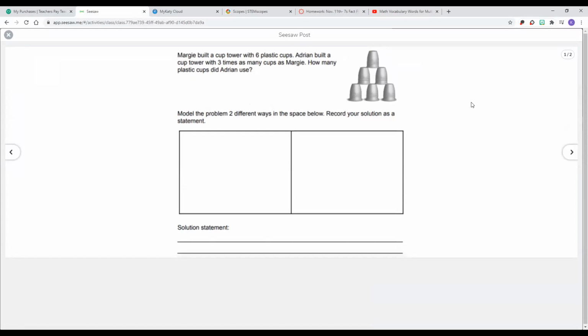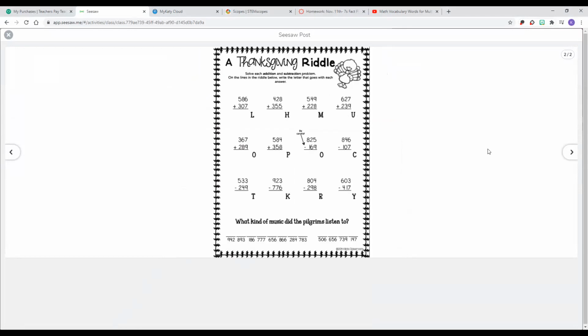Adrian built a cup tower with 3 times as many cups as Margie. How many plastic cups did Adrian use? So you're going to tell me what's the equation, model how you would solve it, and then tell me your solution statement. What's the answer?